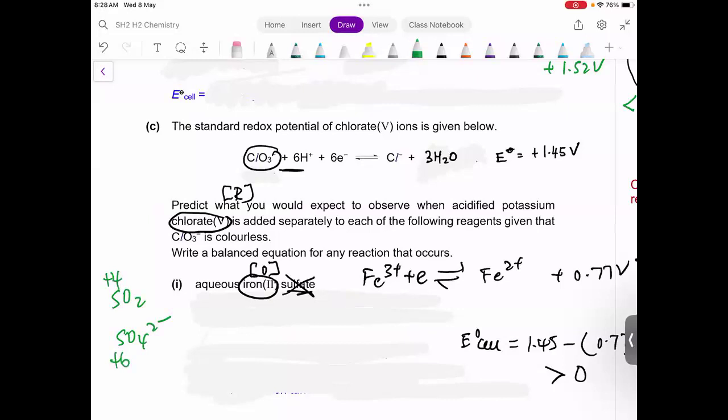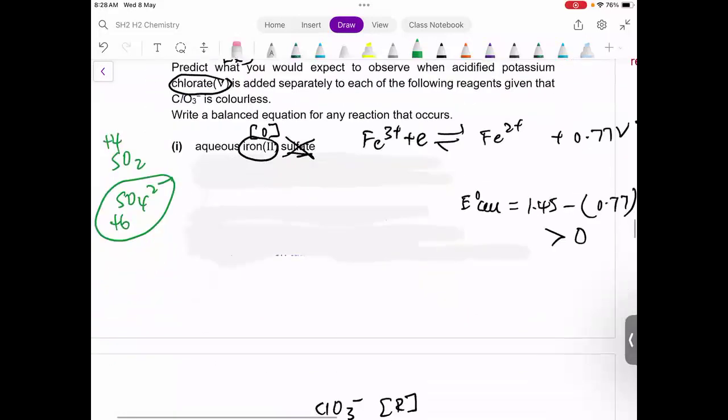So when I say iron 2 sulfate, it can only be this. It cannot be SO2. They are different. All right, so I move on.